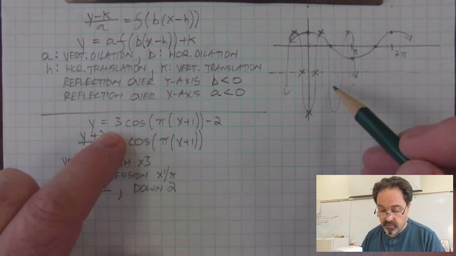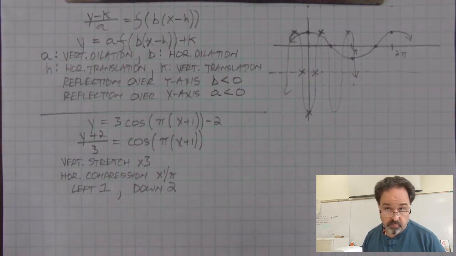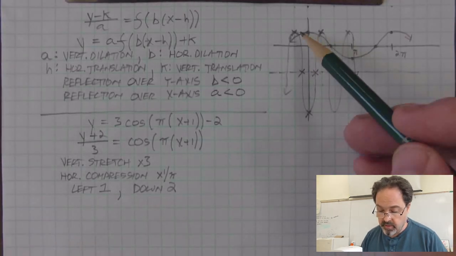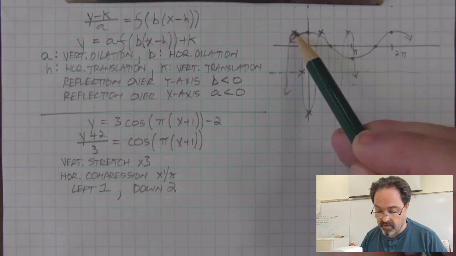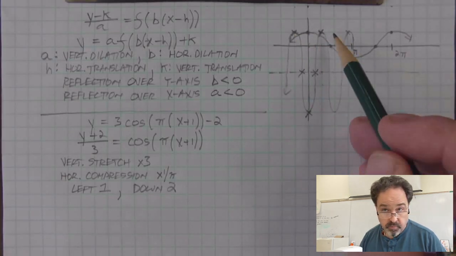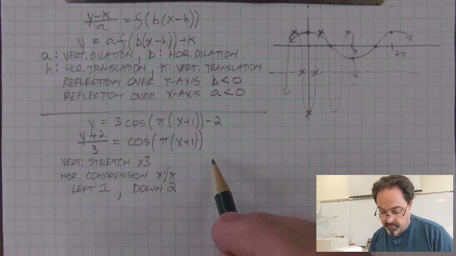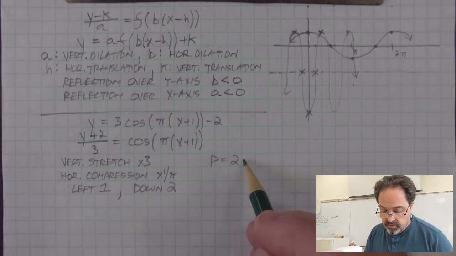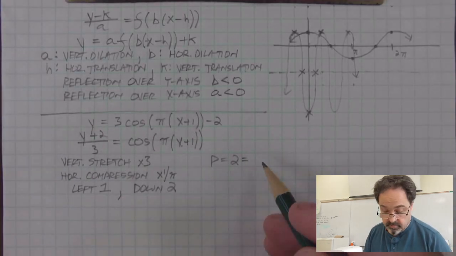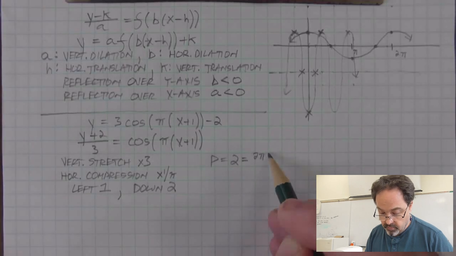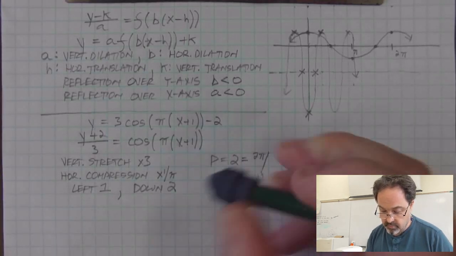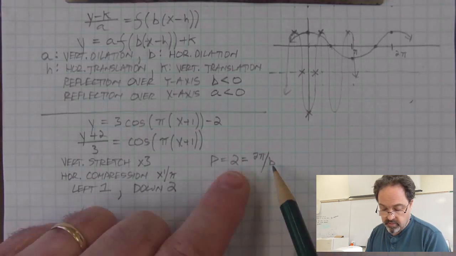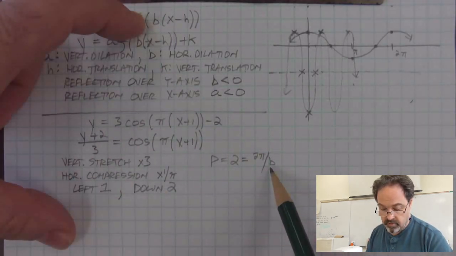The period of this function is the horizontal interval to complete one iteration or one complete period of the wave. The period can be observed as the wave going from maximum to maximum over the space of 2. So we could say the period of this function is equal to 2. And the period is related to the frequency as 2 pi over the frequency, the b value that's used in the transformation.